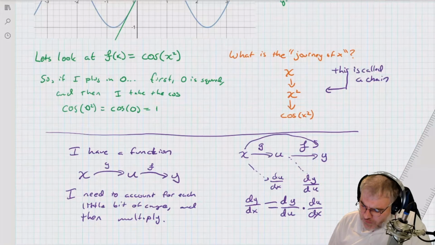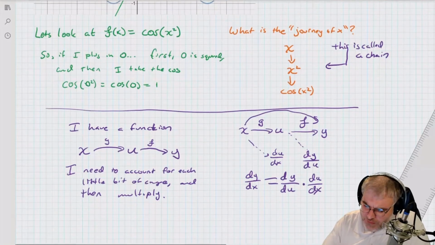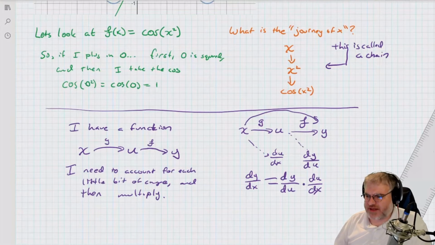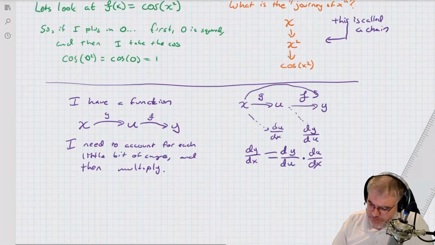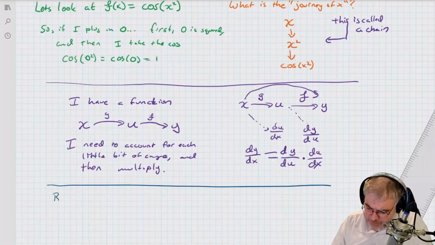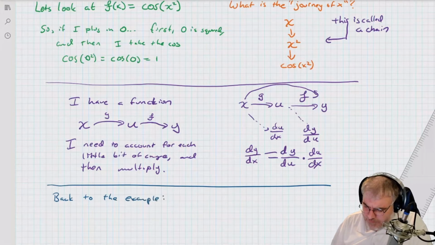Okay. Let's go back to our example. So here, x went to x squared, and then x squared went to cosine of x squared.